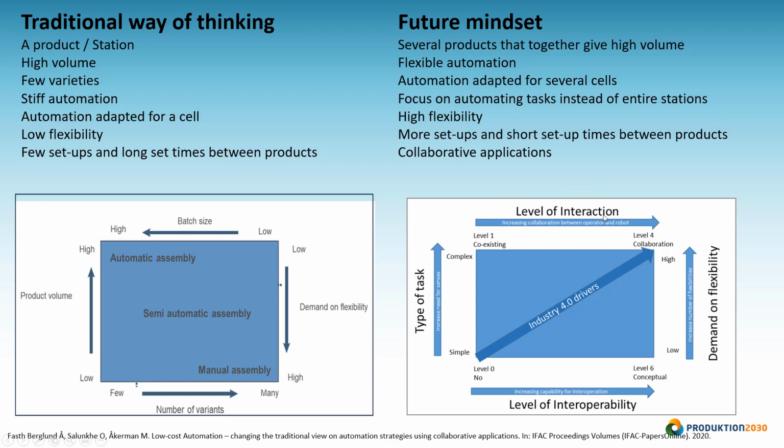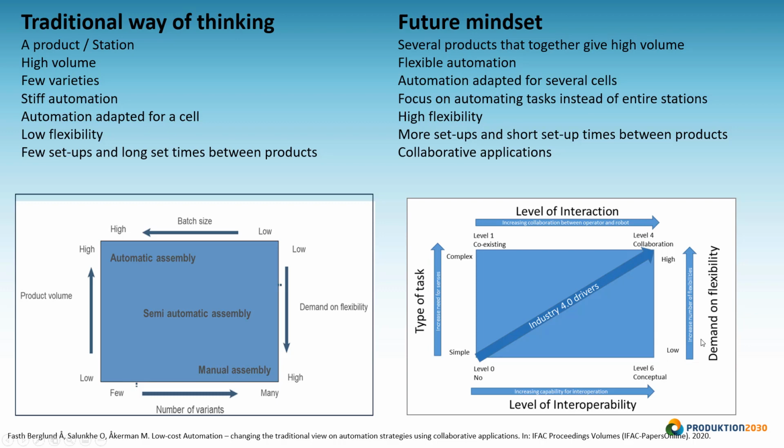As I said, we have 4 different levels of interaction between operators and robot, from coexisting to collaboration. If you have low demand on flexibility or high demand on flexibility. If you have low demand on flexibility, you can actually have stiff automation.